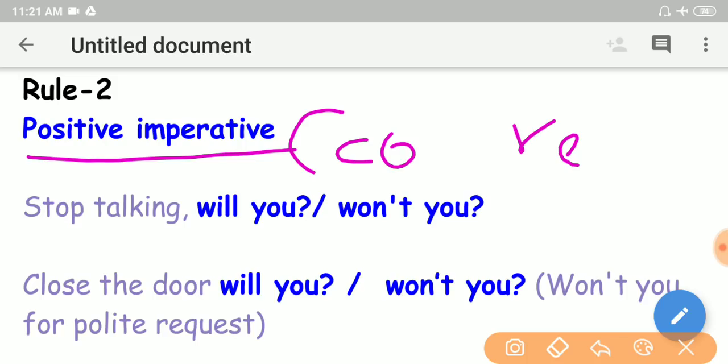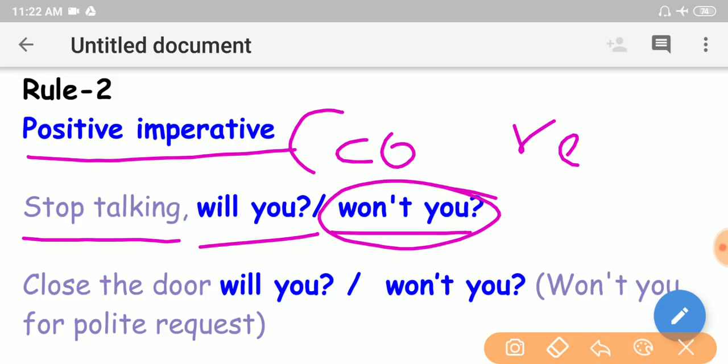Such sentences we can call imperative sentences. For example, hey, stop talking. That is an imperative sentence. When an imperative sentence is used, if you want to frame a question tag, you must use either will you or won't you. Stop talking, will you is the correct one, because this is an order or command.